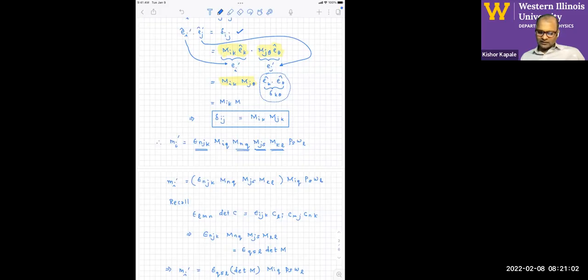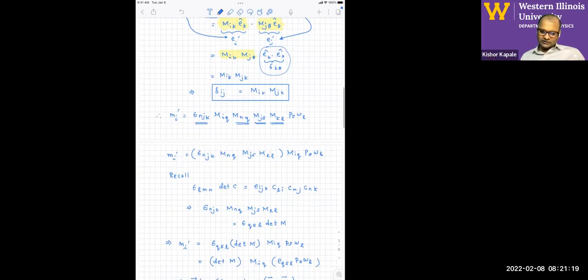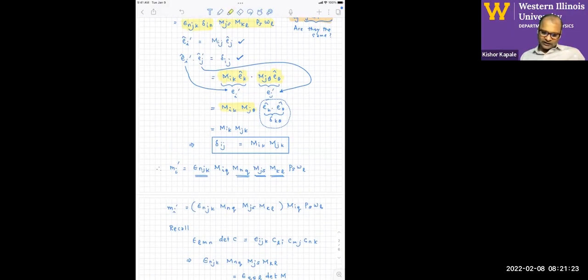Indices k and theta have to be exactly the same value, right? So what we do in the remaining expression, when we get rid of the delta, is replace k with theta or theta with k, either one. I'm going to replace theta with k. And so you get Mik, Mjk. That means what we have proved is that this delta ij is this product here, Mik Mjk.